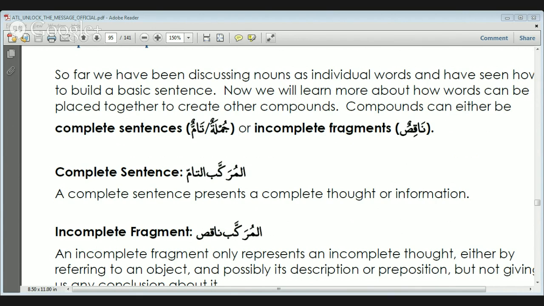So, chapter 12, not prepositional phrases, but the harf jar compound. Too much information, so I'm just going to make this easy for you guys. What is the harf jar compound?